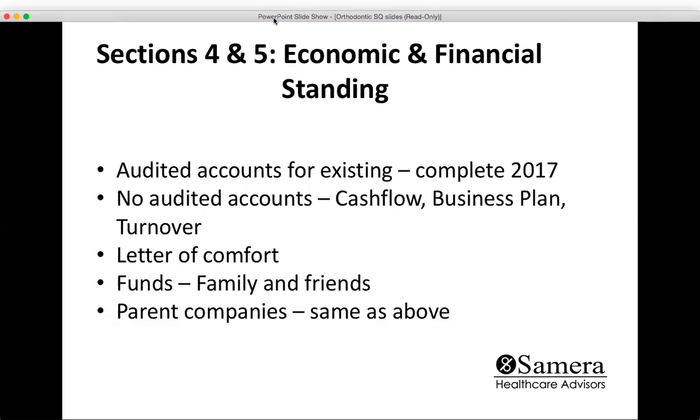Okay, great. So this is a bulky one. This is sections 4 and 5, the economic and financial standing. What do we need to provide here? Basically, the commissioners here are really looking for the reassurance that the taxpayers' money that they are looking to give to somebody is going to be in safe hands.